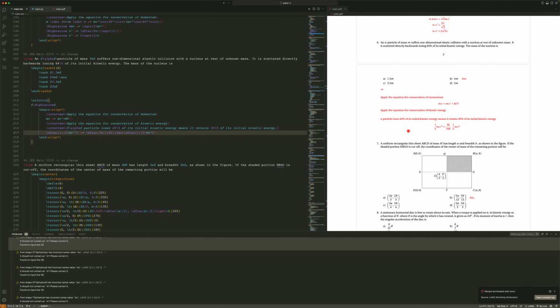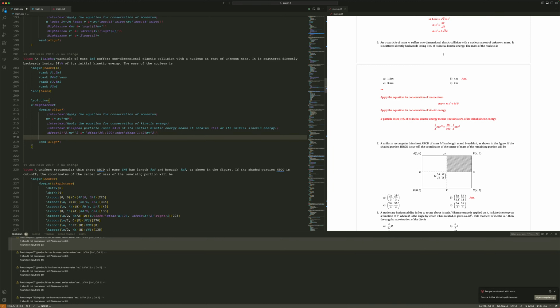Alpha particle loses 64% means it has 36% of the scattering energy. And now we can cancel out half m completely, and we will get v dash. This is 6 by 10. Wow, remarkable.